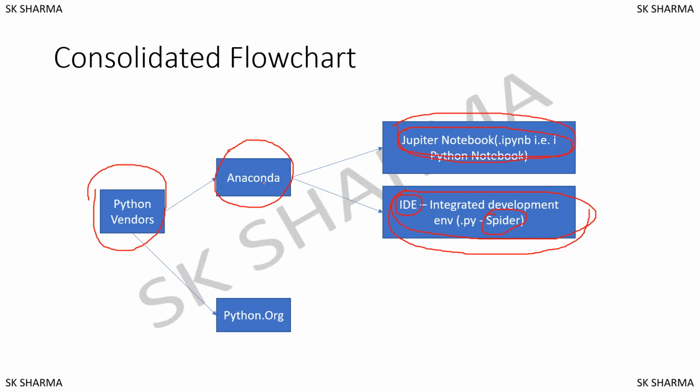Okay, so what is the difference if I install the Python software from here or from python.org? There is one difference. If I download the software from python.org, then it includes the standard library, only the standard library.